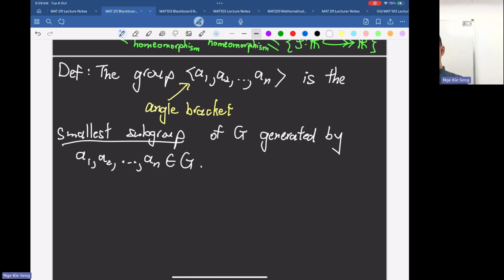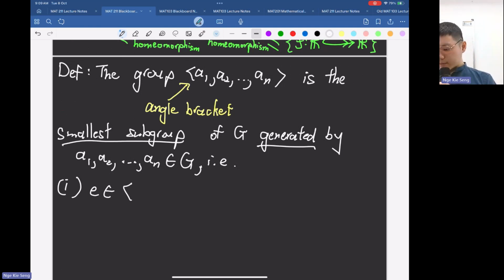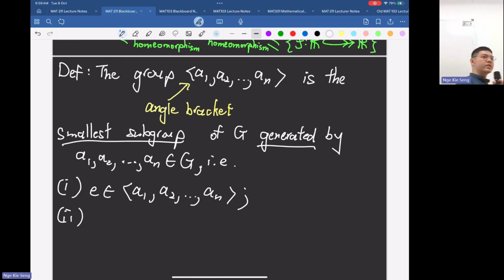It is valid to ask what it means by the smallest subgroup generated by these elements. So we continue with this definition. You need to require that the identity element is inside this subgroup. What else do you need to be a subgroup? Three things: closure, identity, and inverses. But here identity I already put in, must put it in, even though all these elements are not identity.